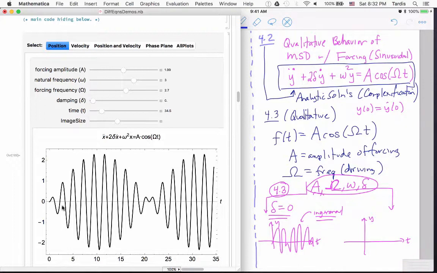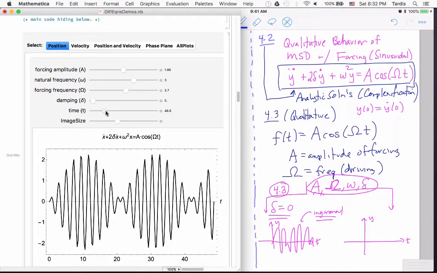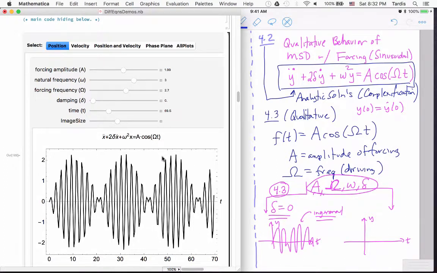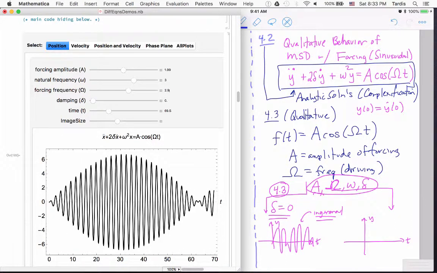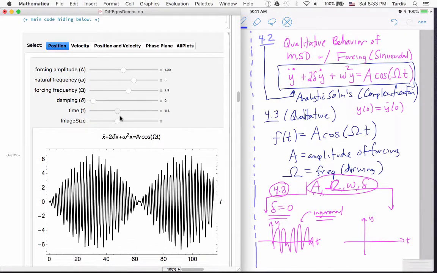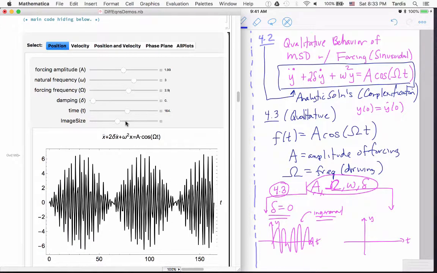Instead of these wild oscillations, there's starting to be some grouping, and these oscillations start to come into packets. At 2.8, the forcing frequency is getting closer to the natural frequency. At 2.9, you can see that these little packets start to form.